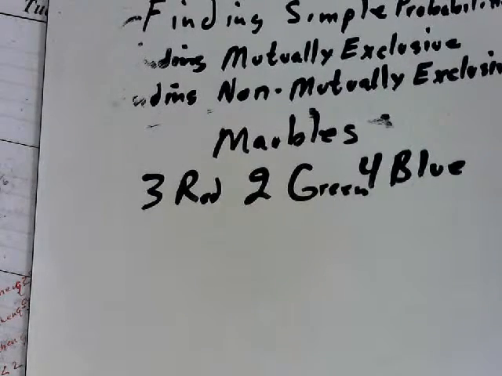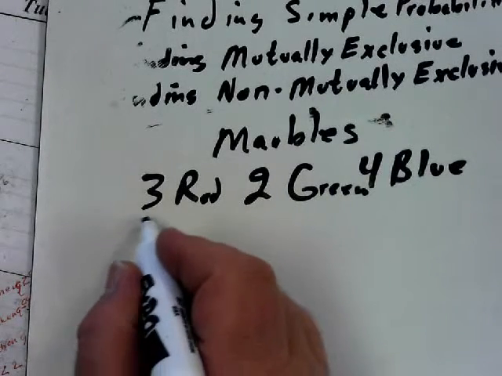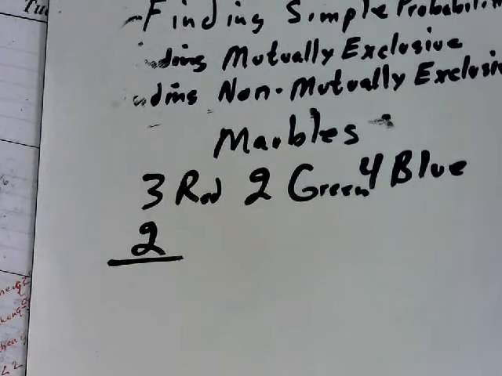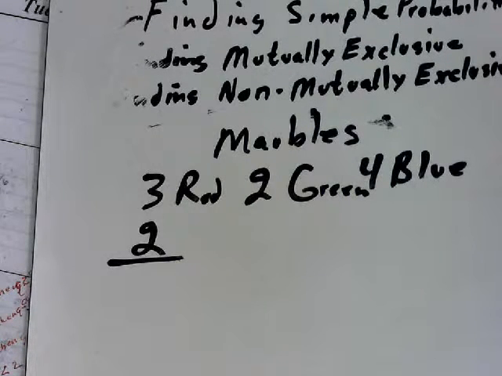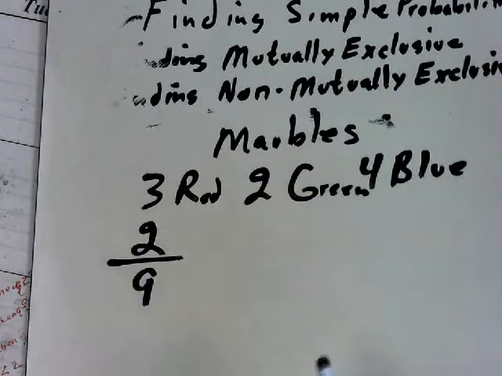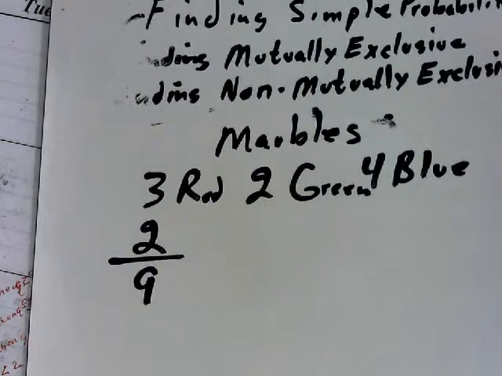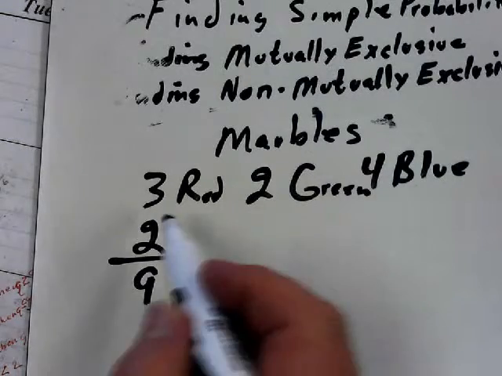If I reached in the bag and I wanted to get a green marble, so my desired outcomes would be 2 out of what's the total outcomes? 9, because there happens to be 9 marbles, right? Okay?